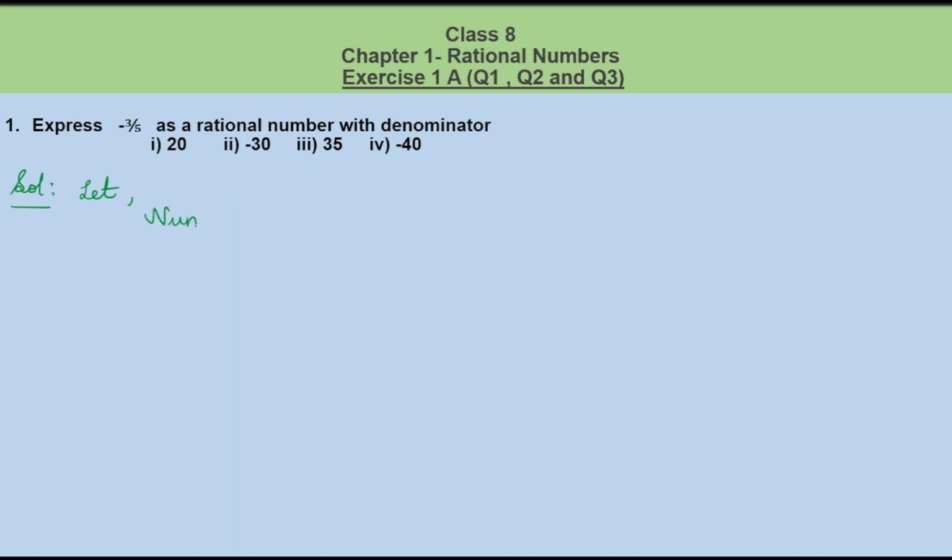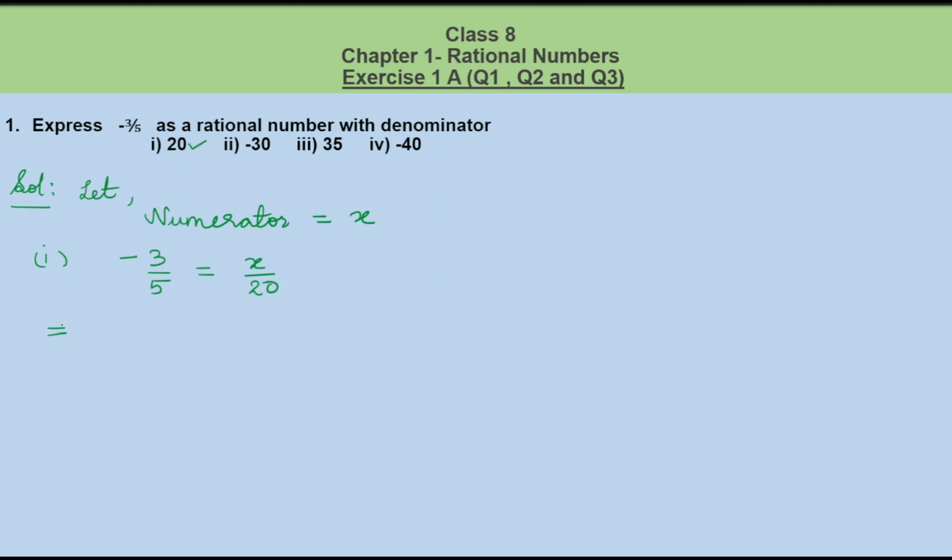So we assume the numerator is equal to x, and we solve the first one where the denominator is 20. Now, minus 3 by 5 will be equal to this new rational number, which has numerator x and denominator 20.